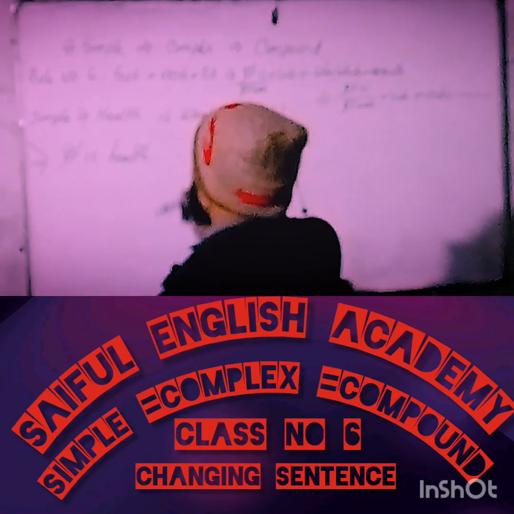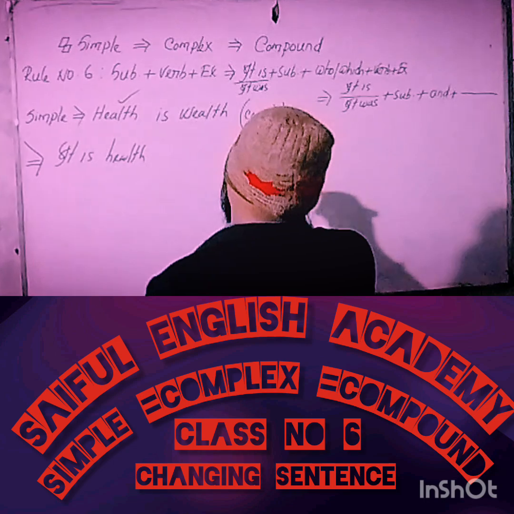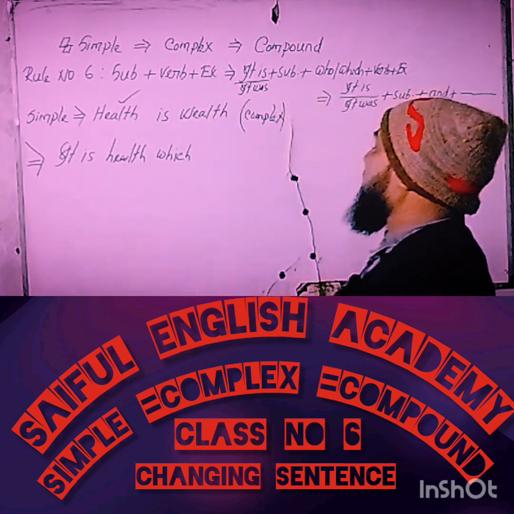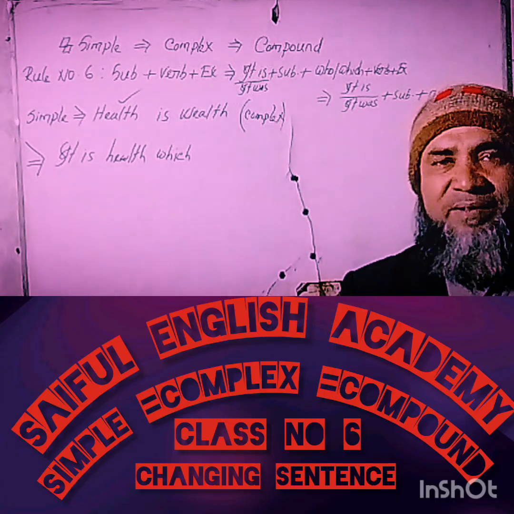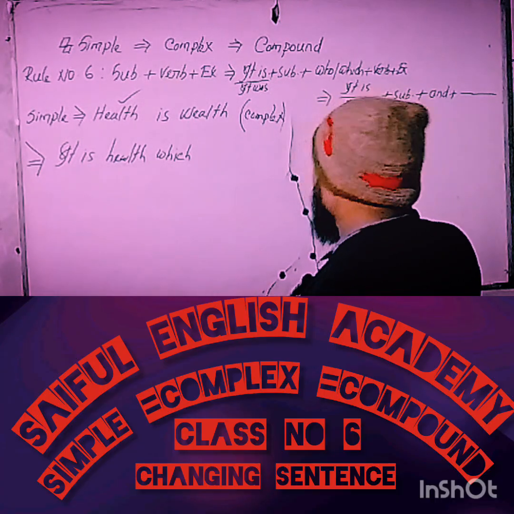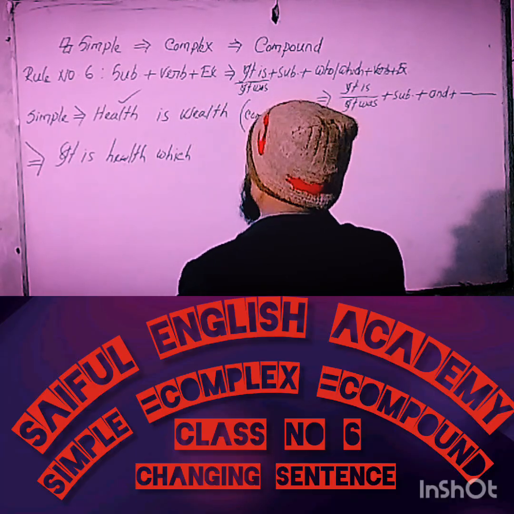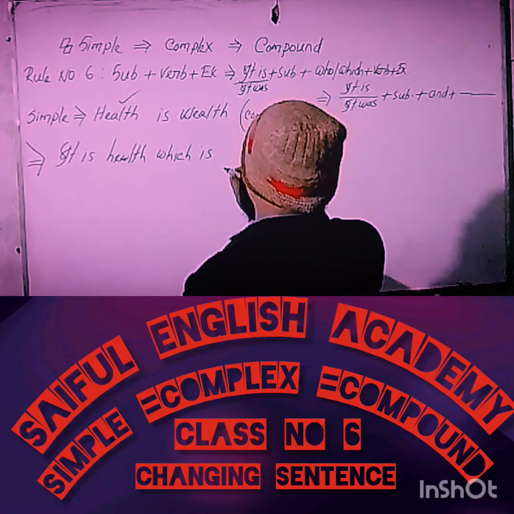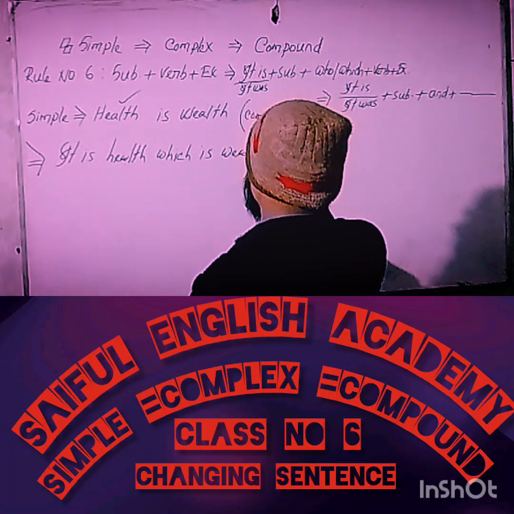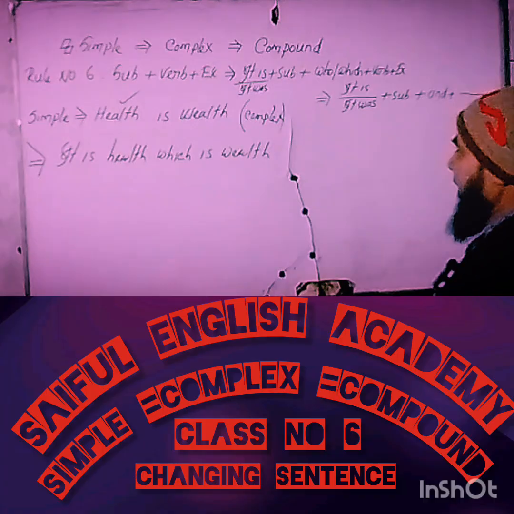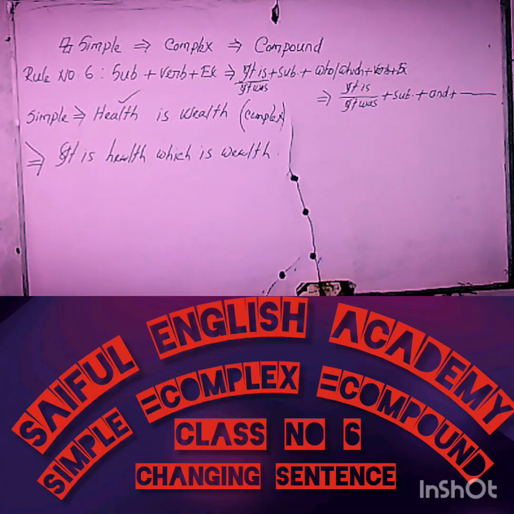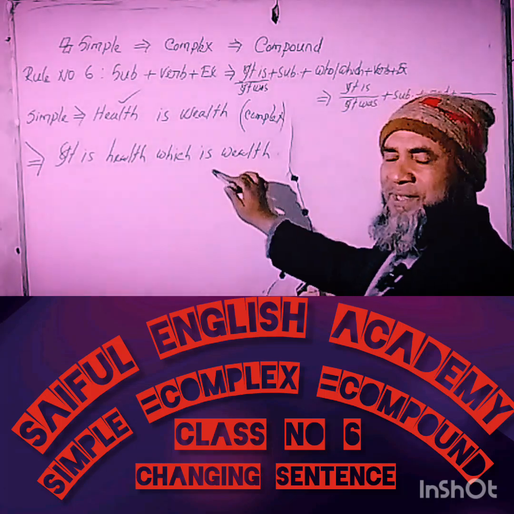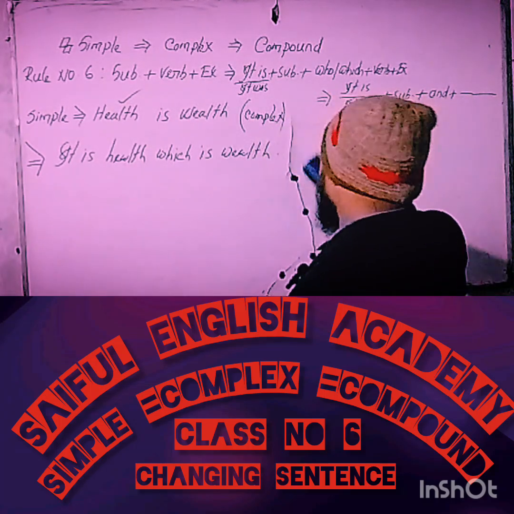In this sentence, the subject is health, so you had better write the relative pronoun which. If it were a non-personal subject but referred to a personal subject, you had better use who. Then the verb and extension. So the complex form is: It is health which is oil. You have understood it clearly.